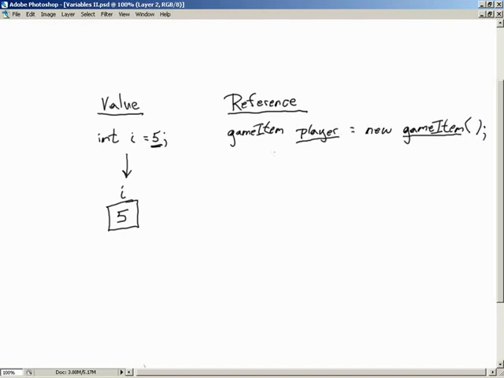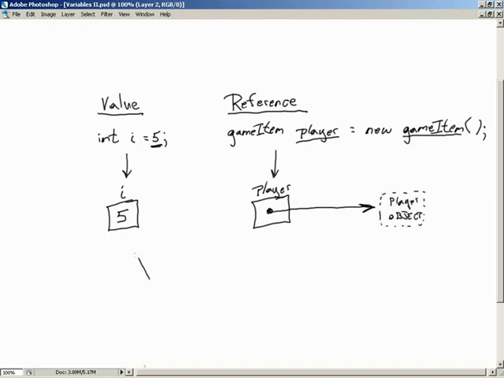So what does this look like in memory? Well, basically, here's our little piece of memory that's set up. This memory has been labeled as player. But instead of seeing the actual object inside this variable, we see an address inside this player variable. This address is really just a reference to another memory location where we'll find our actual player object.